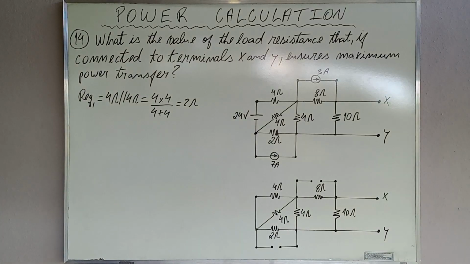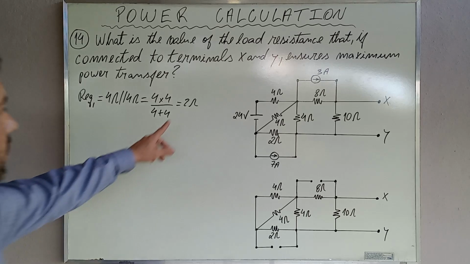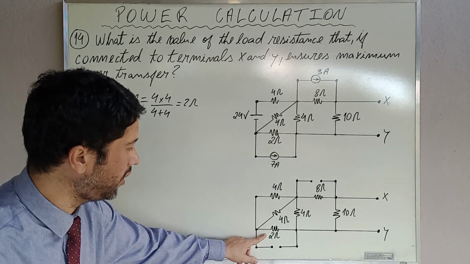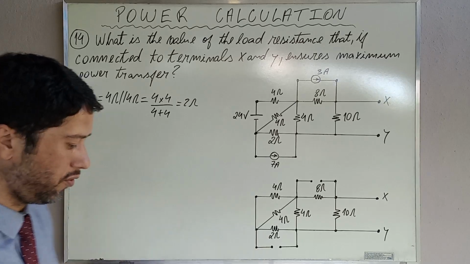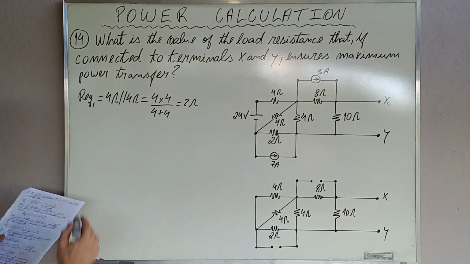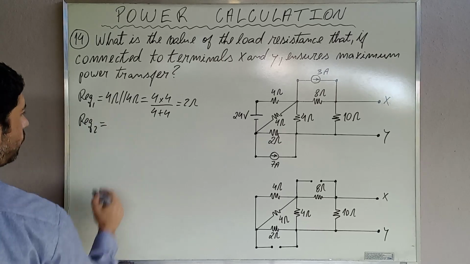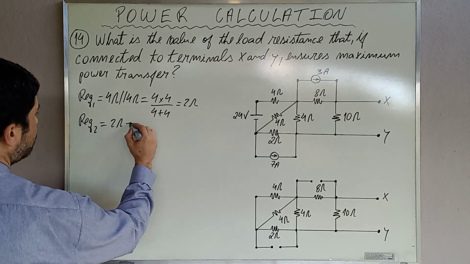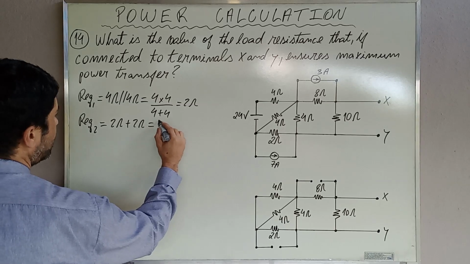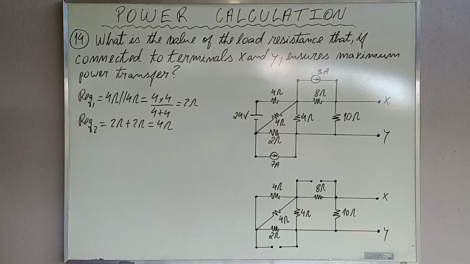These 2 ohms resistance will be in series with the 2 ohms resistance at the bottom of the circuit. This will be in series with this. Thus, equivalent resistance number 2 is equal to 2 ohms plus 2 ohms, which is 4 ohms.